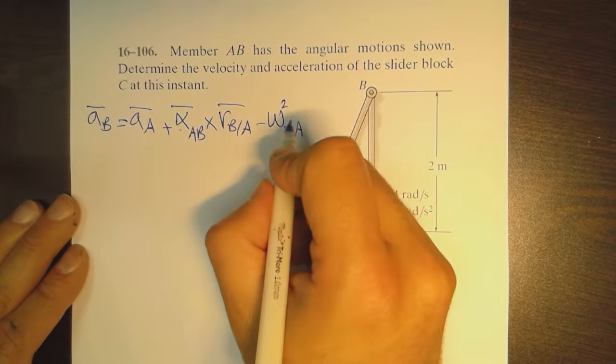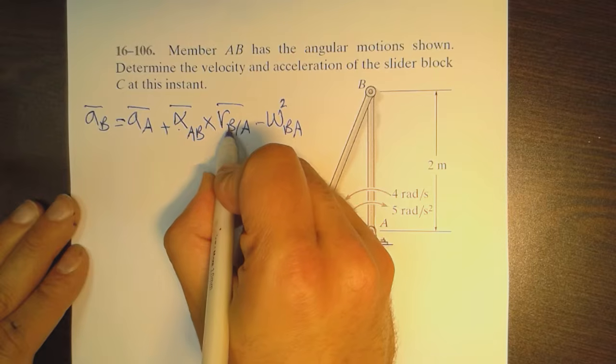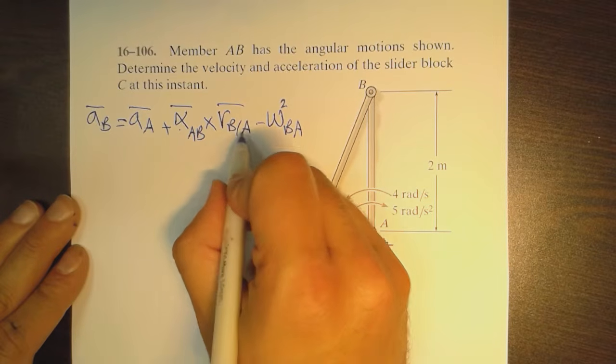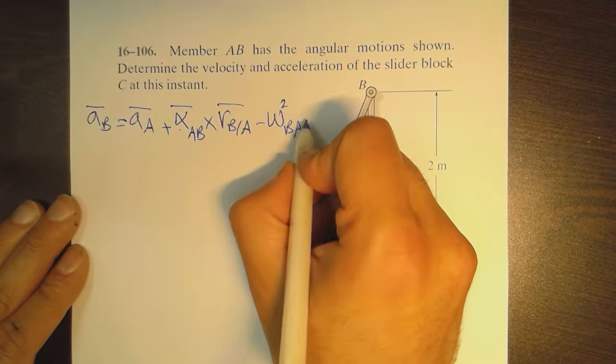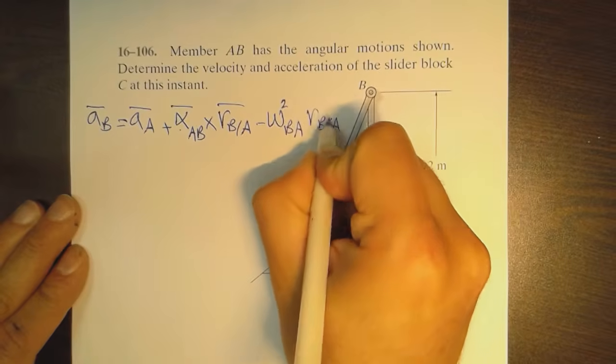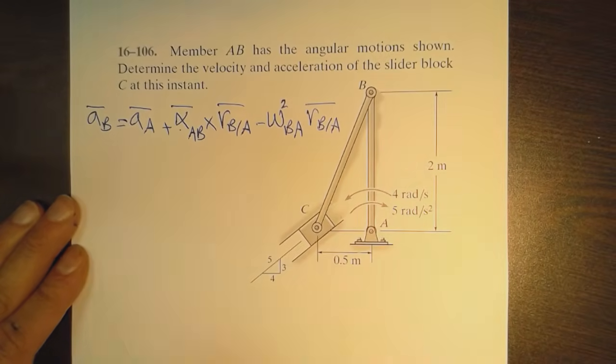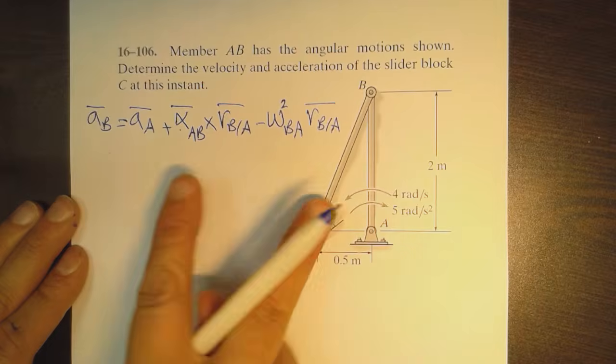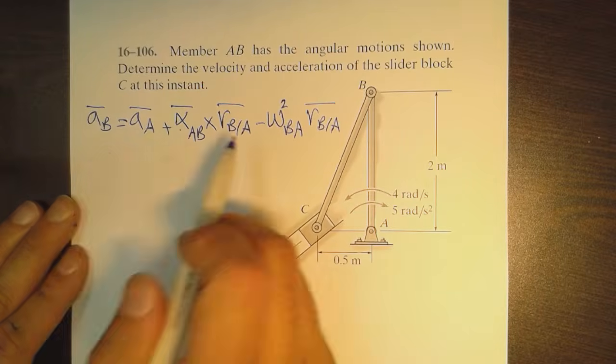But the letters for R do matter here, so RB with respect to A. This is the equation that we use to calculate the acceleration.